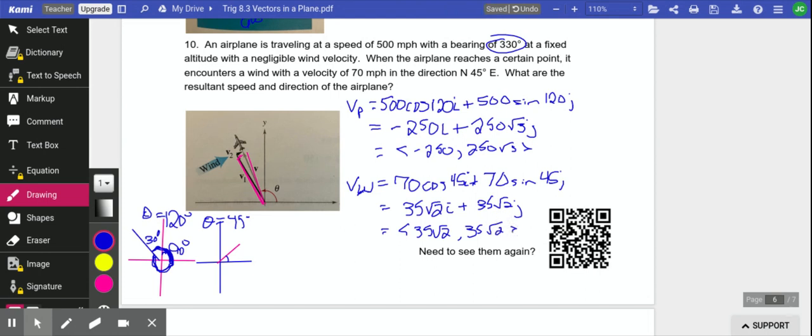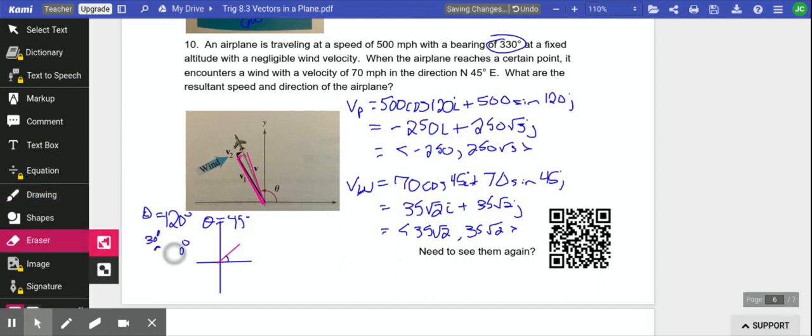Okay. Now, I think I need a little bit more space. Let me erase some of this stuff. We want to find the resultant vector. So remember, the airplane is happening and then the wind is blowing. So we basically need to add the two vectors that we've just created. Those don't want to erase. That's okay.